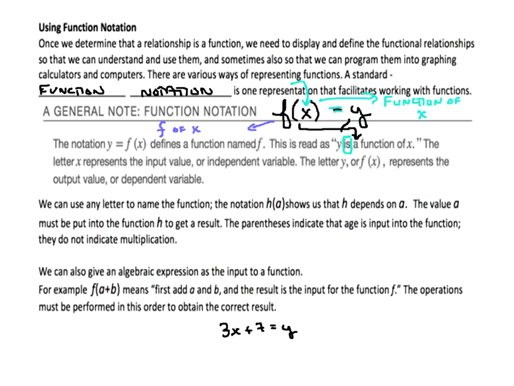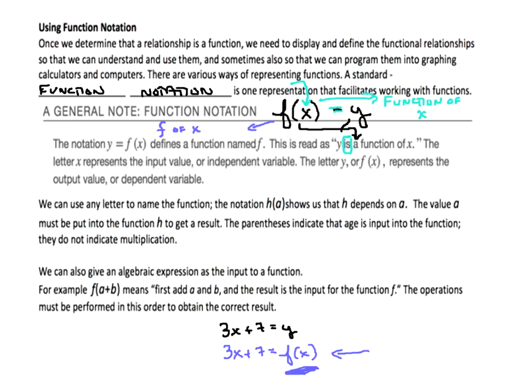So I could rewrite this function at the bottom saying 3x plus 7 is f of x. Same exact thing. So what this is asking is, to fill in this side over here, you have to figure out how x functions in the expression on the other side.